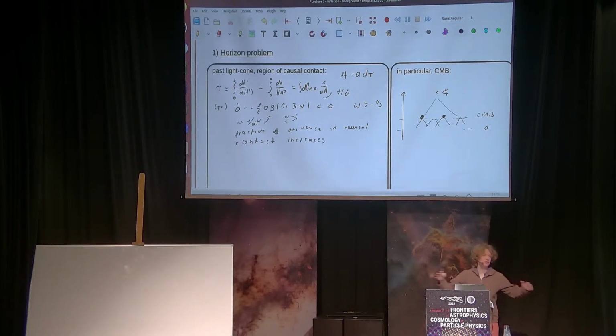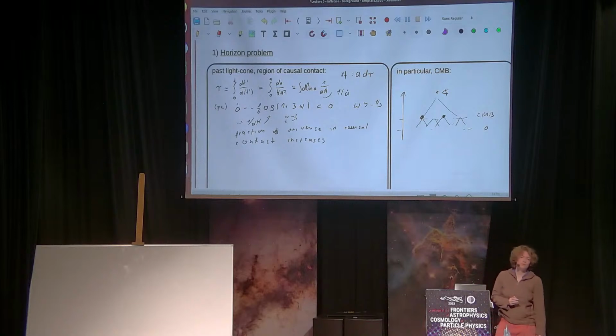There simply wasn't enough time in the past for them to exchange information, even if the information could go with the speed of light. And that is a mystery, because that means that we don't understand why the CMB can have the same temperature everywhere, or to very good approximation the same temperature.